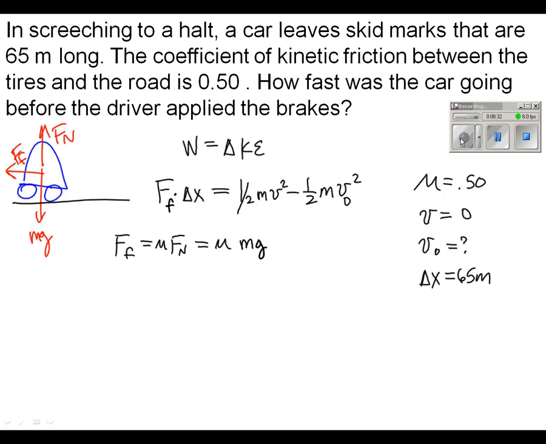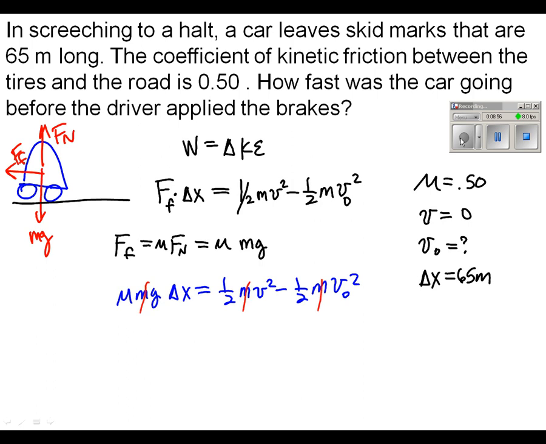So we have mu mg times delta x equals 1/2 mv squared minus 1/2 mv0 squared. Now we cancel out our masses, and we can plug in values and come up with our answer.